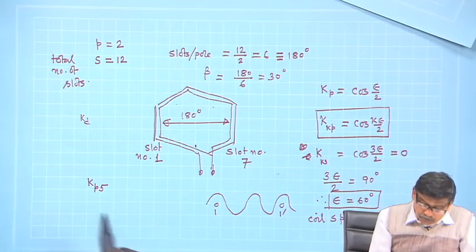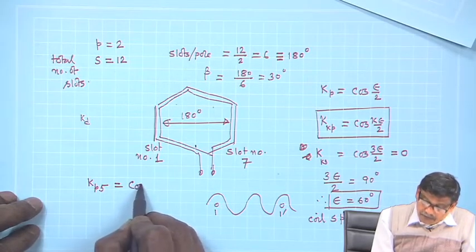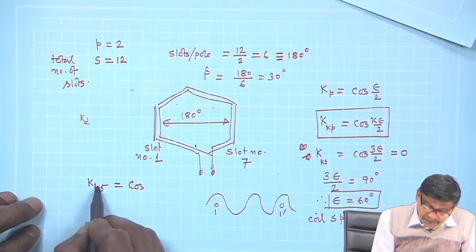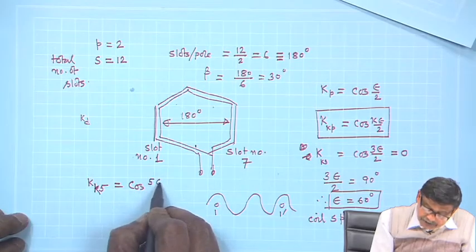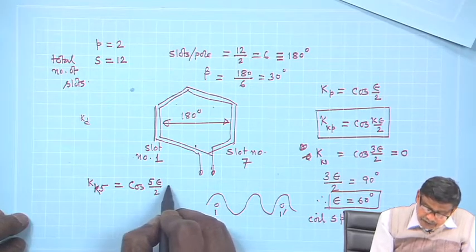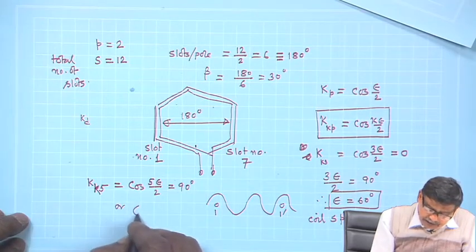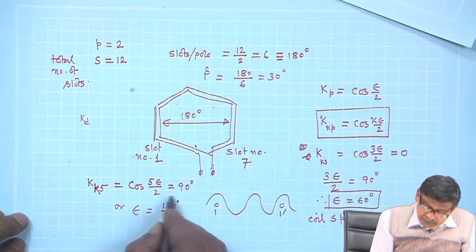If you want the pitch factor for the fifth harmonic, put k equal to 5 here, so it will be 5 epsilon by 2. Try to set it to 90 degree, and then you will say epsilon is 180 by how much?